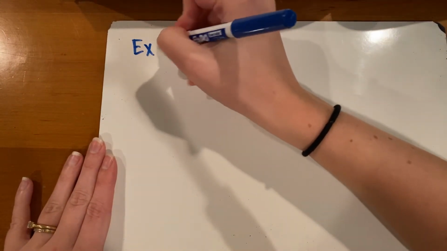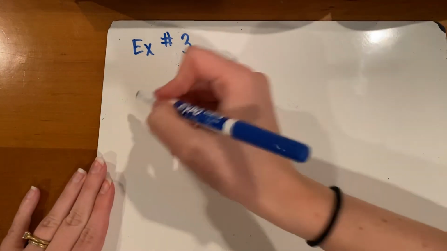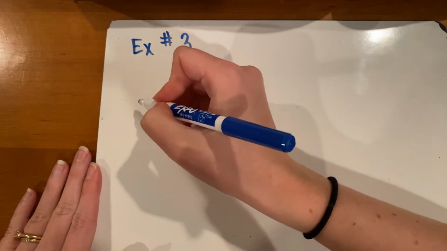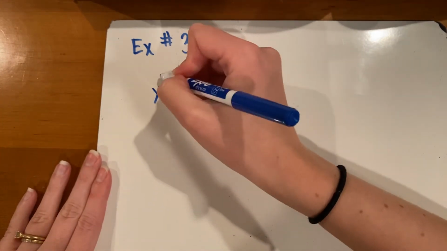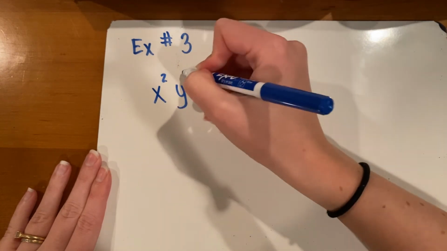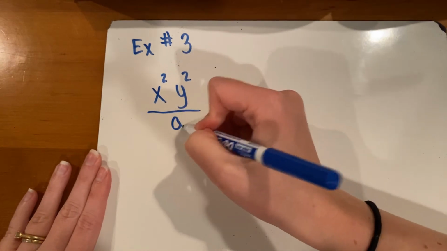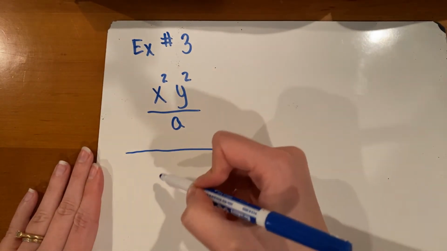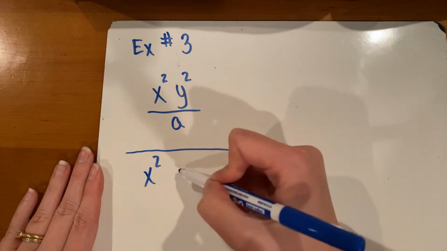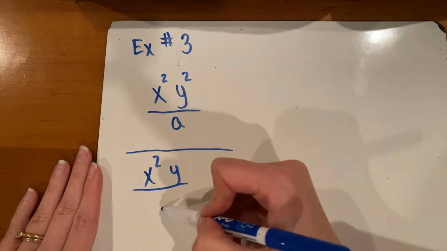Example number 3. And we're given the fraction, I'm going to do it all the way over here because it takes some steps. x squared times y squared over a is being divided by x squared y over a cubed.